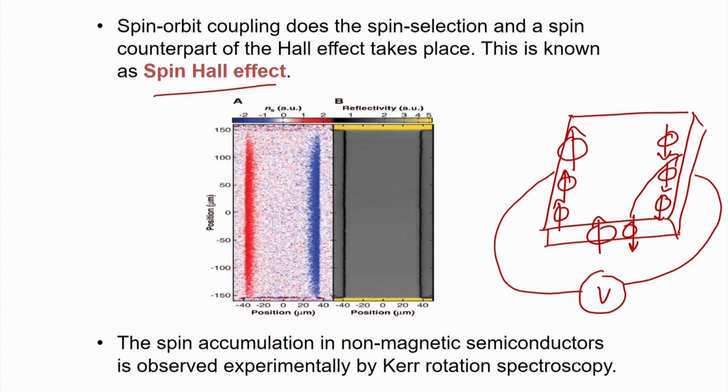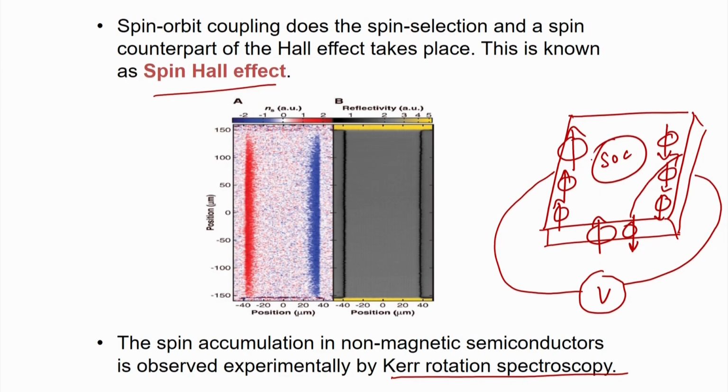And this spin accumulation is detected in non-magnetic semiconductors by optical methods, which are known as Kerr rotation spectroscopy. We will not go into details of that, just know that there are systems in which, in the presence of spin orbit coupling, the opposite spins will get lined up at two different transverse edges of the sample, and a spin current is going to be generated.